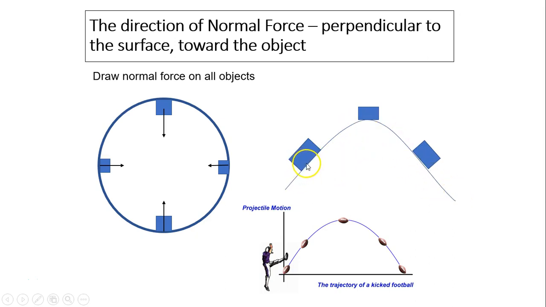And it's toward the object, perpendicular. Over here, this is a tricky question. What is a normal force here? Well, there shouldn't be any normal force because there is no surface. This is the arc of the football. So this is a path. There is no surface, so there is no normal force.